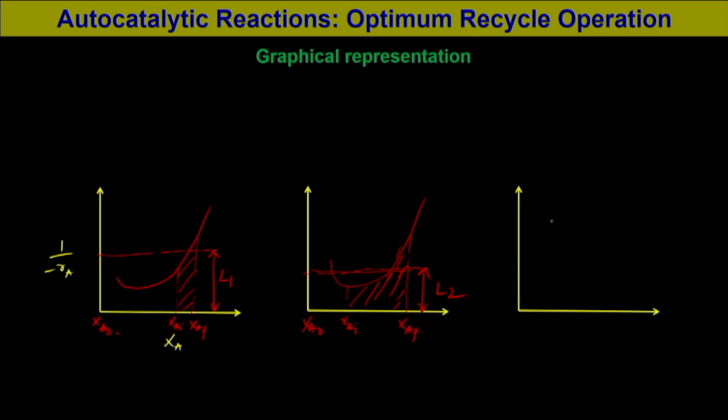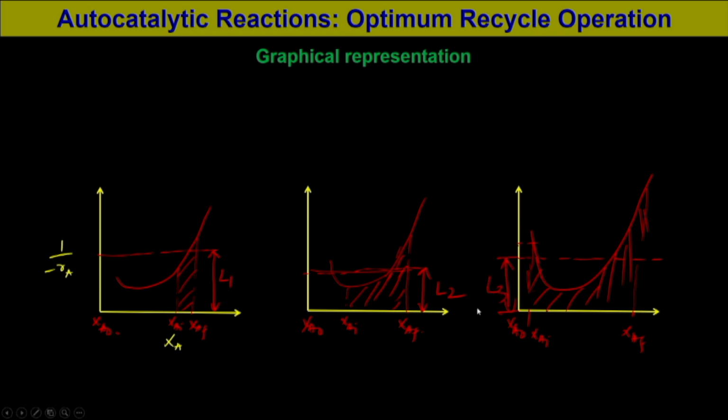And recycle is very low. So, that means XAi to XAf, so the area requirement, which is XA naught, so this is PFR, and the average height is say somewhere here, say L3.